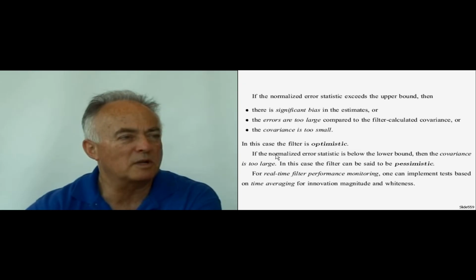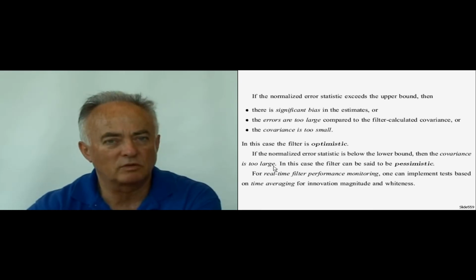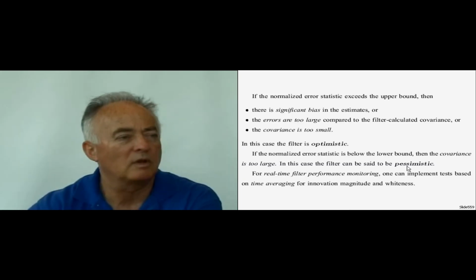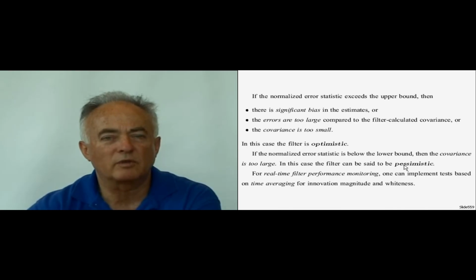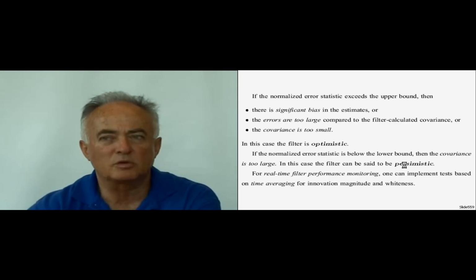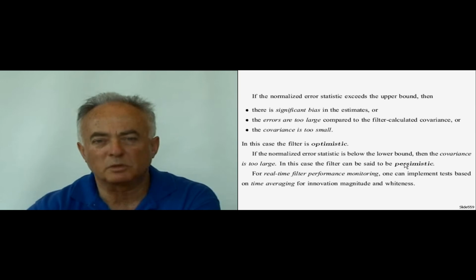Now, if the normalized error statistic is below the lower bound, then the covariance is typically too large. We are pessimistic, we are conservative. Now, it is sometimes difficult to have a never optimistic, never pessimistic situation, because this is one of the problems.